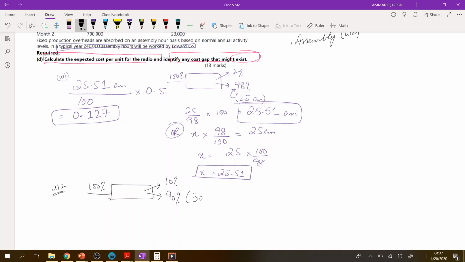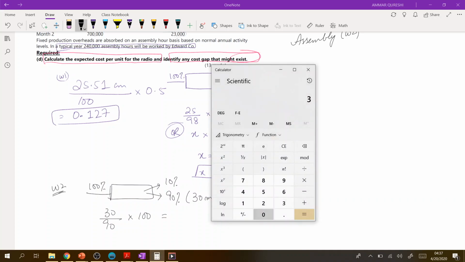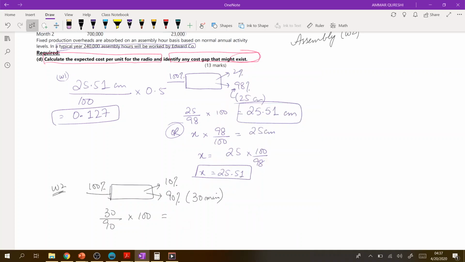And 90% is actually equal to 30 minutes. So what we need to do is 30 divided by 90 multiplied by 100, which is 33.333.